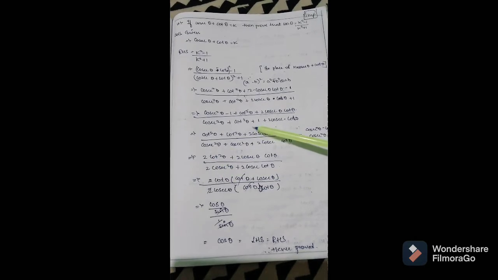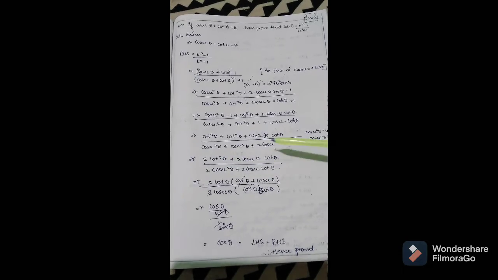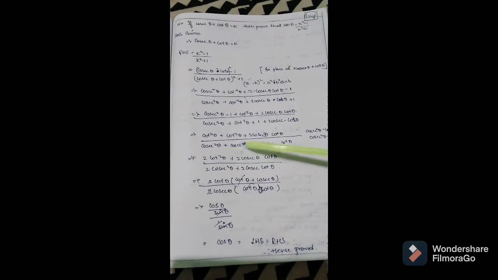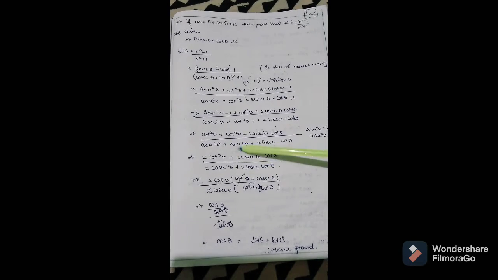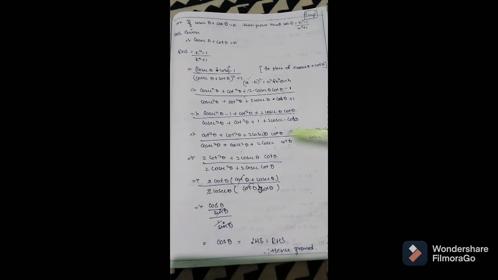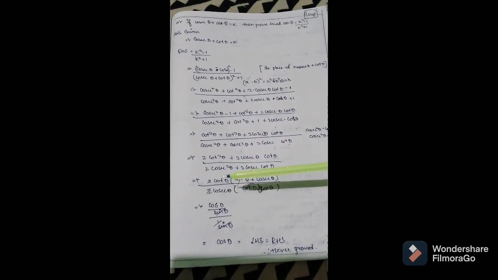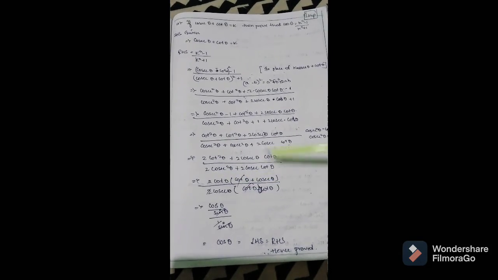So finally, 2 cot theta is common above. So we'll write 2 cot theta into cot theta plus cosecant theta.